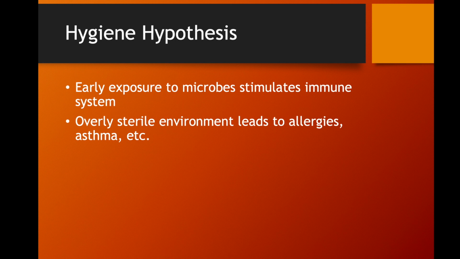So it's an interesting idea, and there are spin-offs of this theory. There's one called the missing microbes theory, or something called the old friends hypothesis. Both of these things spin off the same idea here, but a little bit different. In that regard, it's more along the lines of we have essentially over-sterilized and used too many antibiotics. We've really wiped out some of the beneficial bacteria or even parasites that existed in our community and were really important in that immune regulation early on in life.